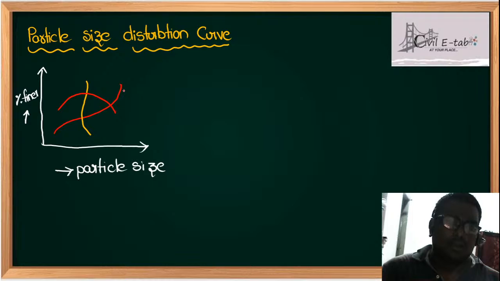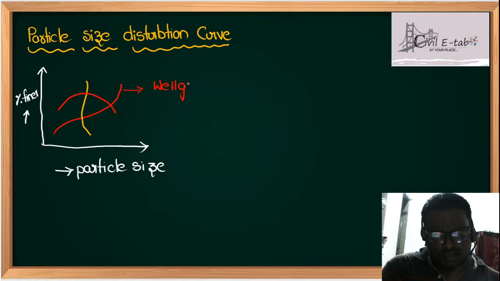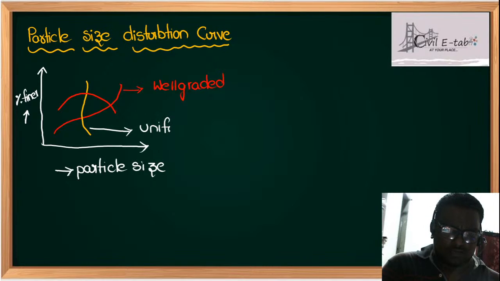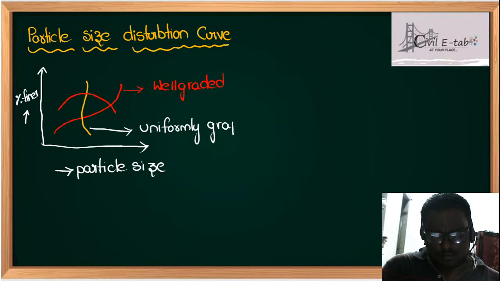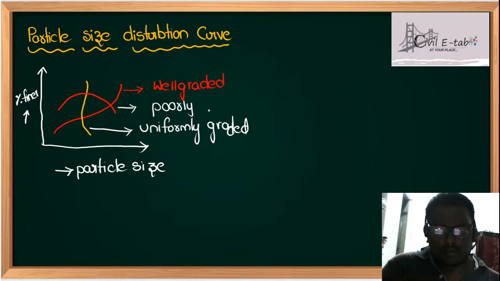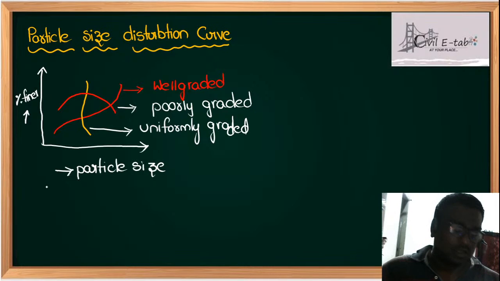Now see students, this graph is known as well graded, and that graph is known as uniformly graded. Don't worry about what is well graded, I'll tell you. And this is known as poorly graded. These questions are commonly asked in all the competitive exams.